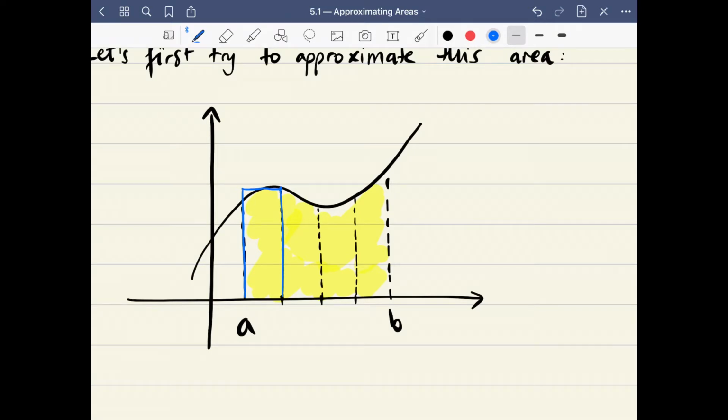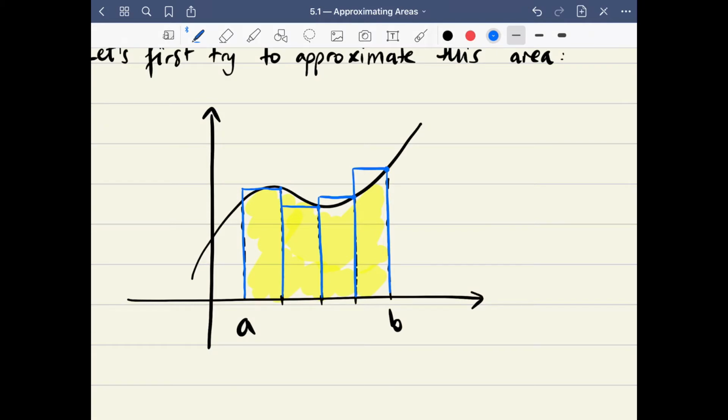Then I'll do the same for the second subinterval. I'm going to choose this height, which is the right endpoint of this interval, as the height of the rectangle. So let me construct this rectangle as well. This is the second rectangle. And then we do the same for the other two as well. The third rectangle will be this, and the fourth rectangle will be this rectangle here.